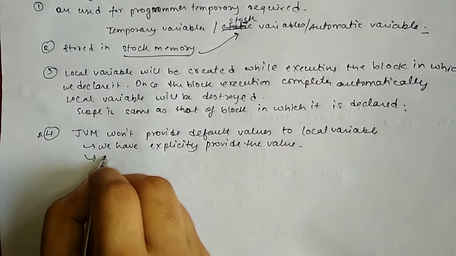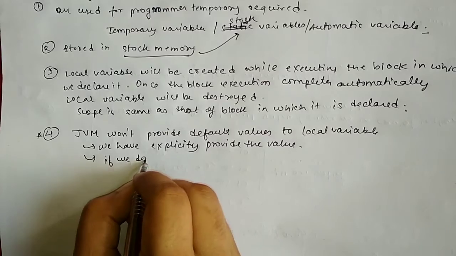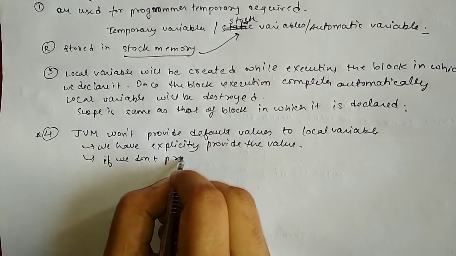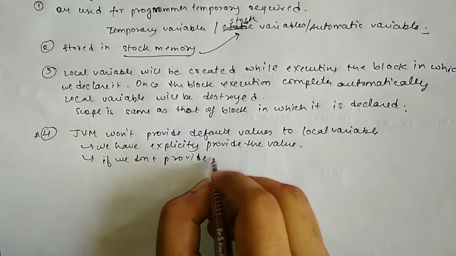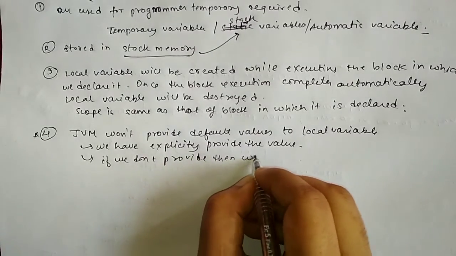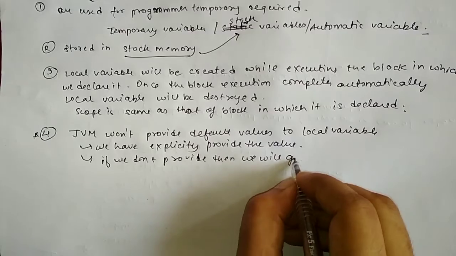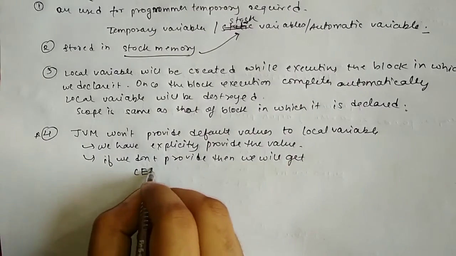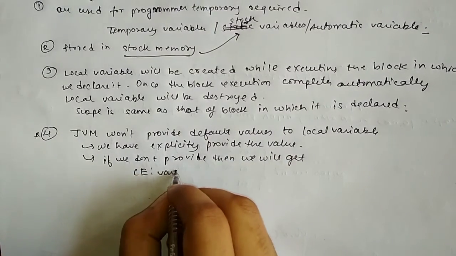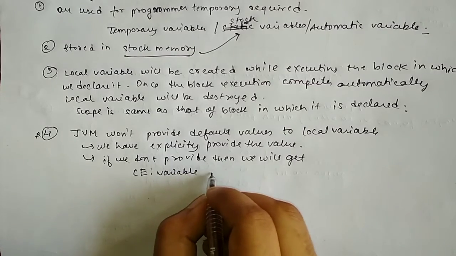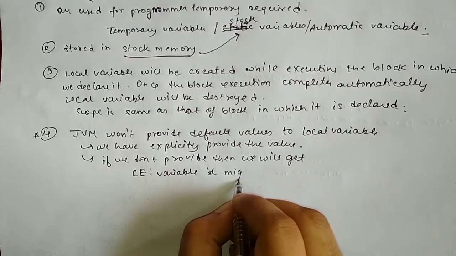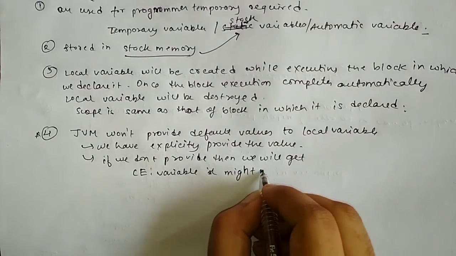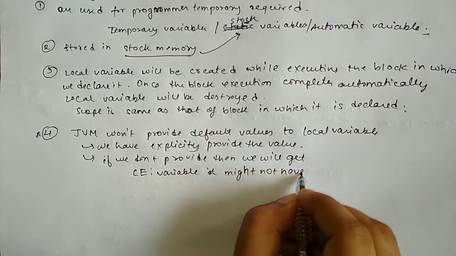If we don't provide it, then we will get a compile time error saying variable, suppose x, might not have been initialized.